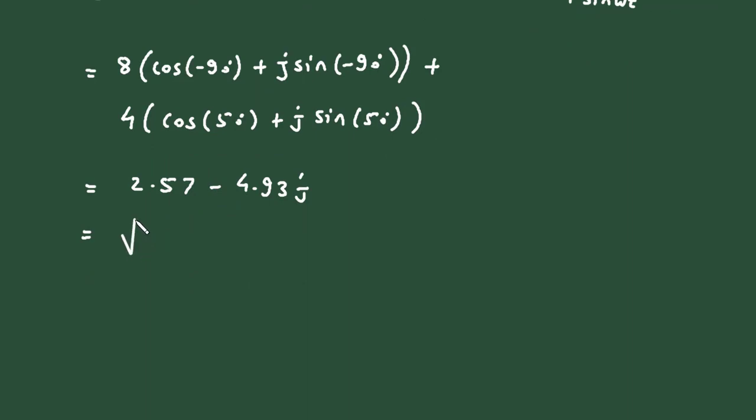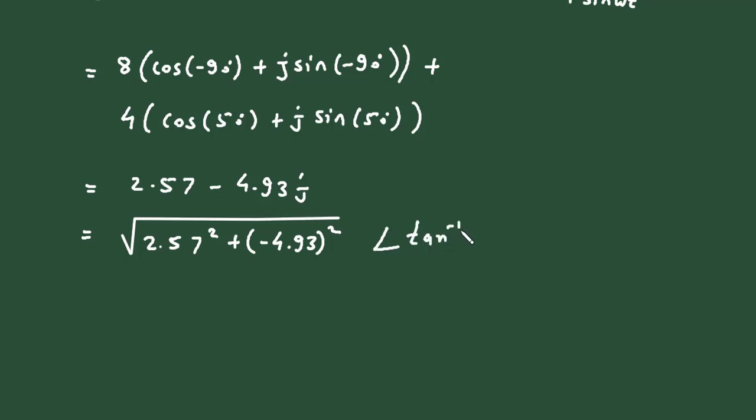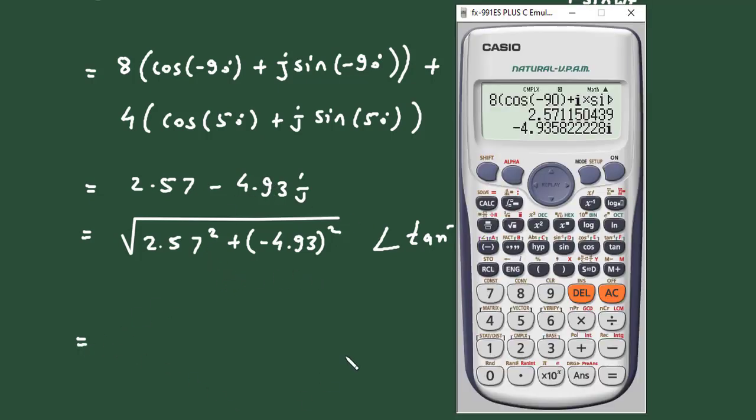So the formula will be under root of 2.57 square plus minus 4.93 square at an angle tan inverse of minus 4.93 divided by 2.57. So this is the formula to convert from rectangular form to polar form. Now this will be under root of 2.57 square plus in bracket minus 4.93 bracket complete square.